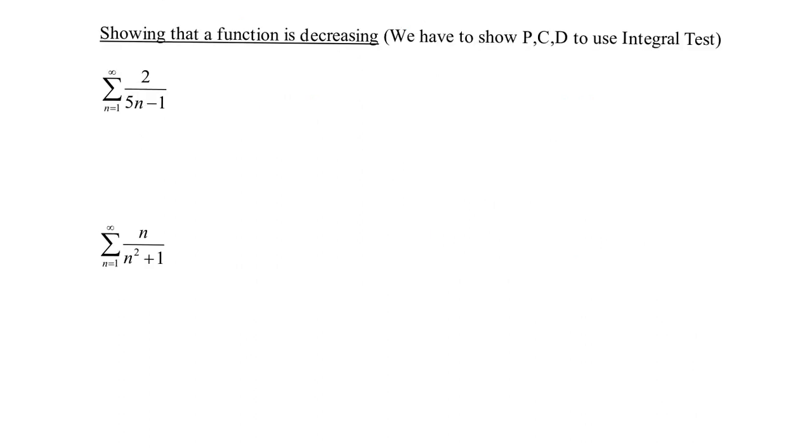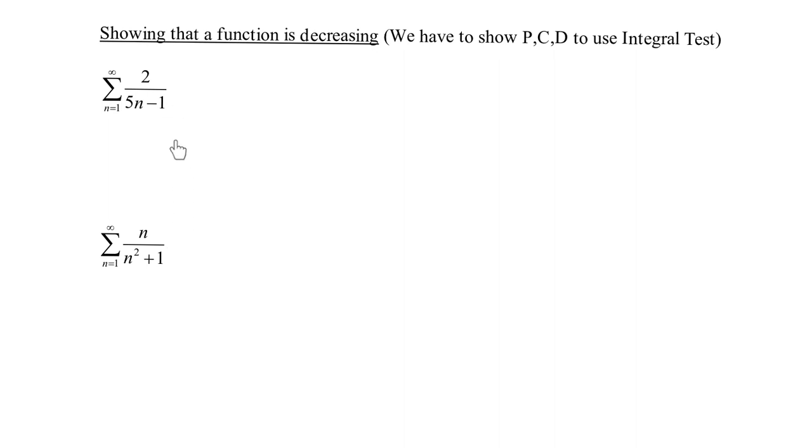As I mentioned before, showing that a function is decreasing is the part that takes the most work. The other ones, showing that it's positive and continuous, usually you can just mention those things. But the decreasing, we have to actually show. We can't just say, yeah, it's decreasing. So I'm going to show you a couple things you can do.